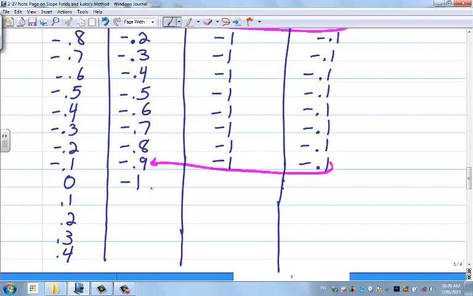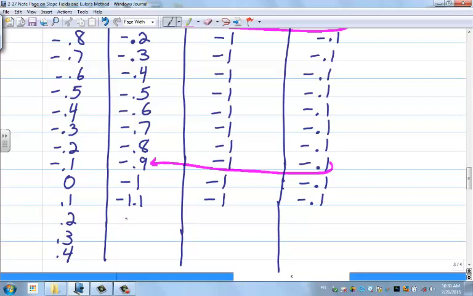Well, 0 plus -1 gives us -1, and then -1 times 0.1 will give us -0.1. And then again we go back, we add the -0.1 to the -1, and we get -1.1. We add that to 0.1, and guess what? Again, we get -1. And then we multiply that, we get -0.1. And guess what? The pattern appears to be continuing.